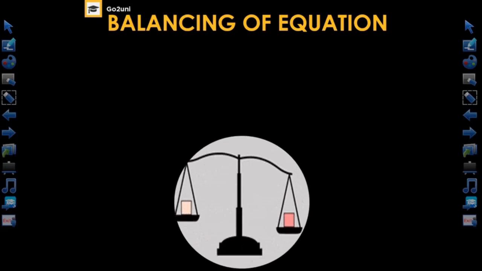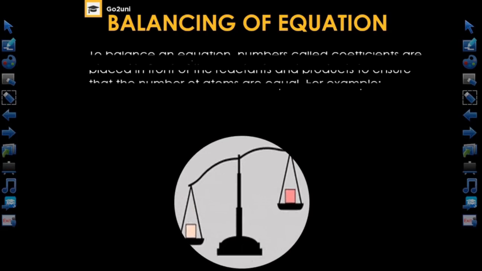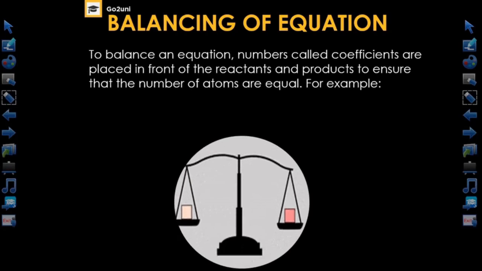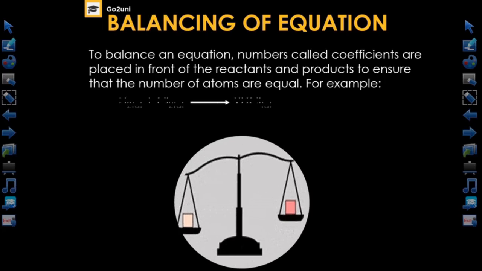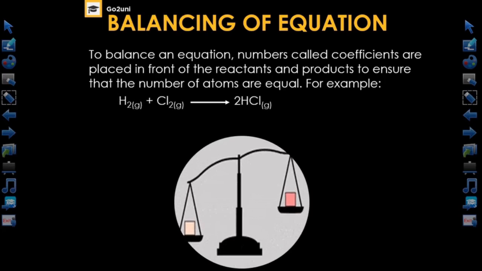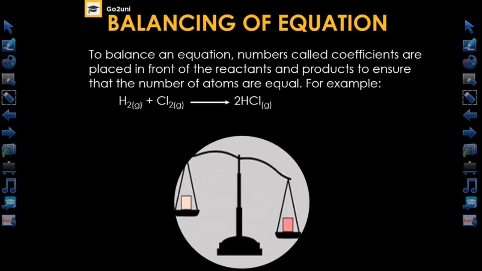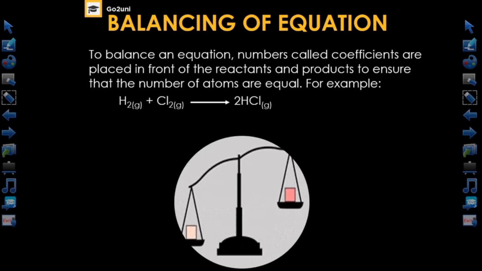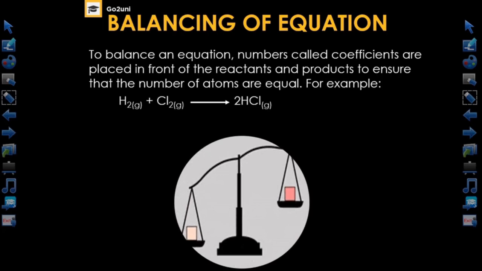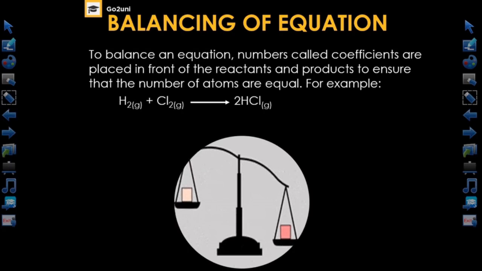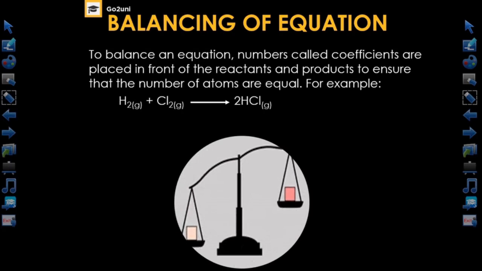Now, away from valency and mole ratio, we shall now be talking about balancing of equations. When we look at balancing of equations, we make reference to that branch of chemistry that studies why and how reactants and products must have a steady, balanced relationship.